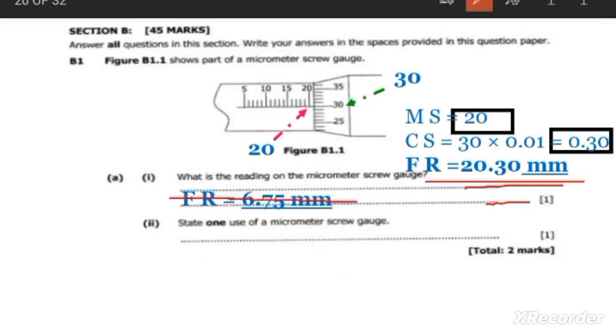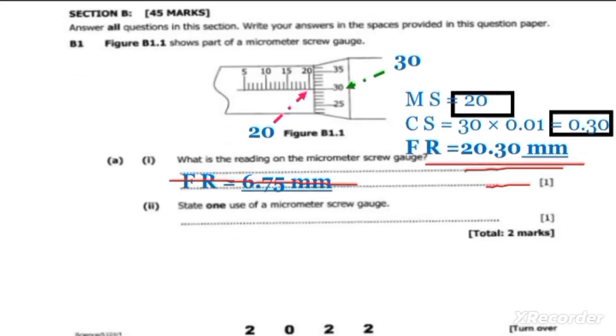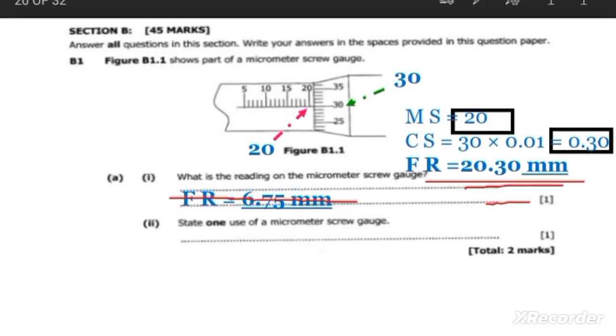The next question, which is question A, Roman numeral 2, state one use of micrometer screw gauge. Okay, so we know that the function of micrometer screw gauge is to measure small lengths, thickness, and small diameters.